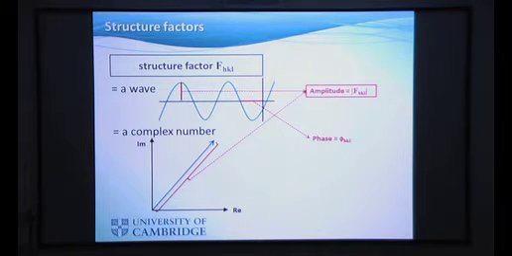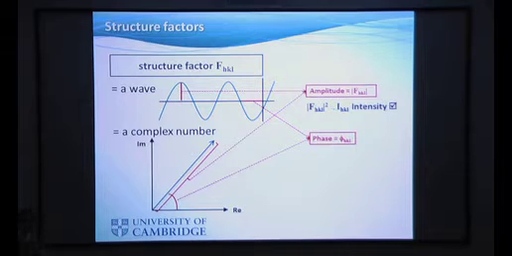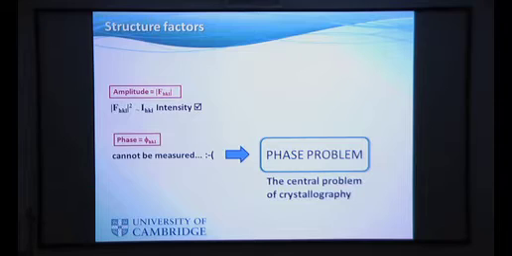The length of this vector is equivalent to the amplitude of that function, also called the absolute value of F_HKL. We can get this amplitude because its square is proportional to the intensity of the reflection, so we are going to have that information. However, the angle of the vector, the phase phi_HKL, cannot be measured directly. This brings us to the central problem of crystallography, which is the phase problem, and this is the whole reason why we do experimental phasing.